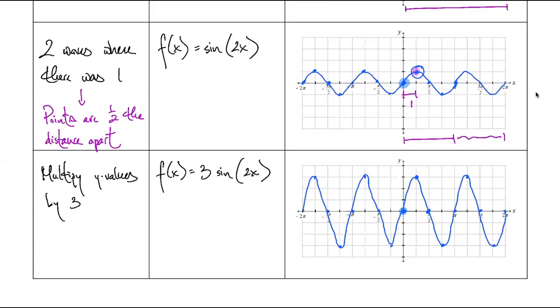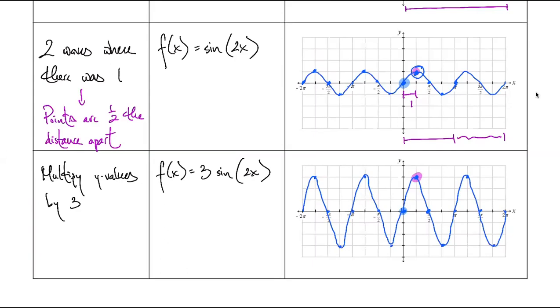So what I did with the 3, I took the y values of all the points that I had in the second graph and multiplied them by 3. The y value of that purple point was 1. 1 times 3 is 3, so that gives us this new purple point on the next graph.